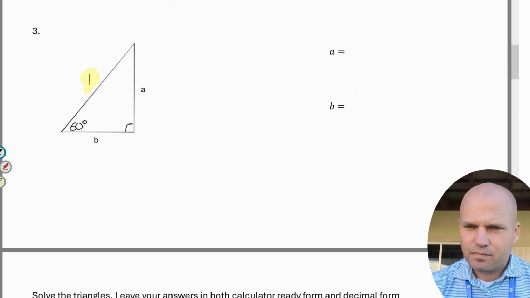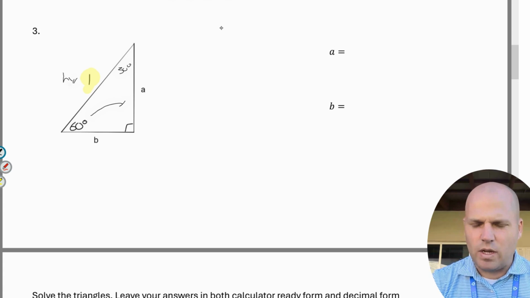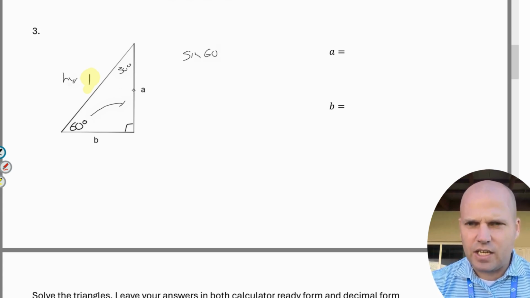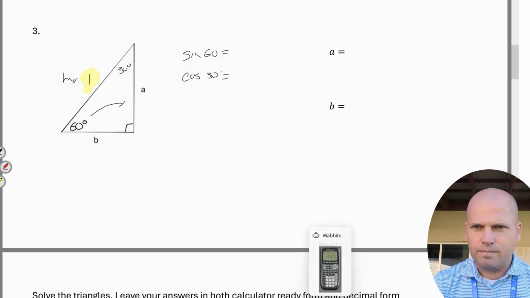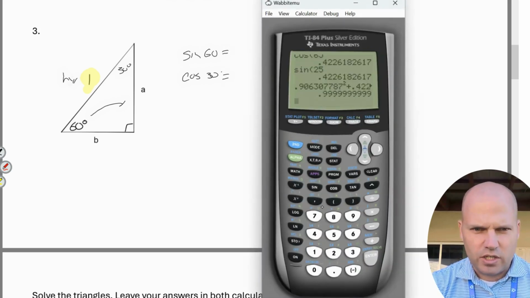All right. If this is 60, this is 30. Opposite, here's my hypotenuse, which is 1. So opposite of 60 would be A, which is the same as the adjacent to 30, which would be A over 1 in both situations.